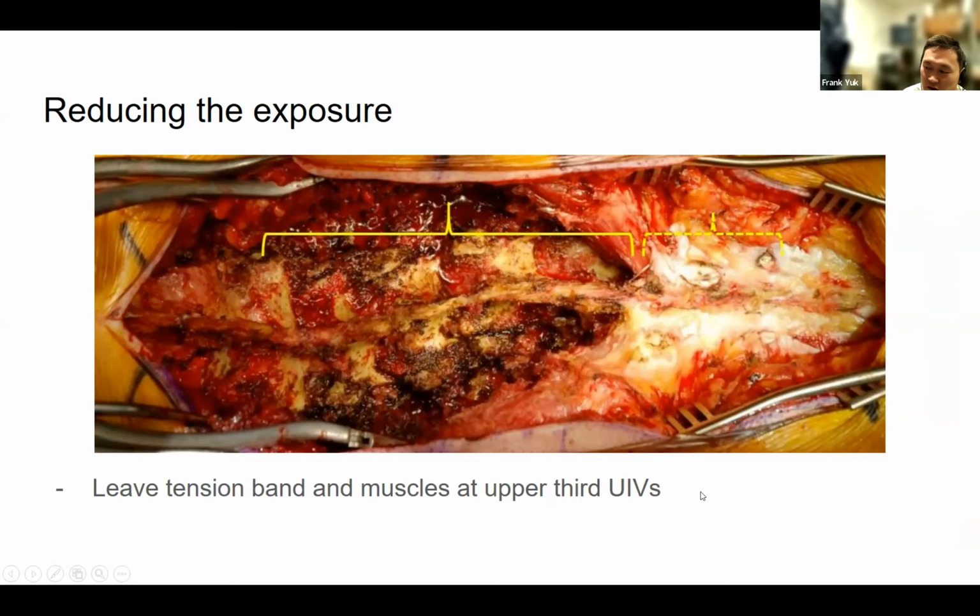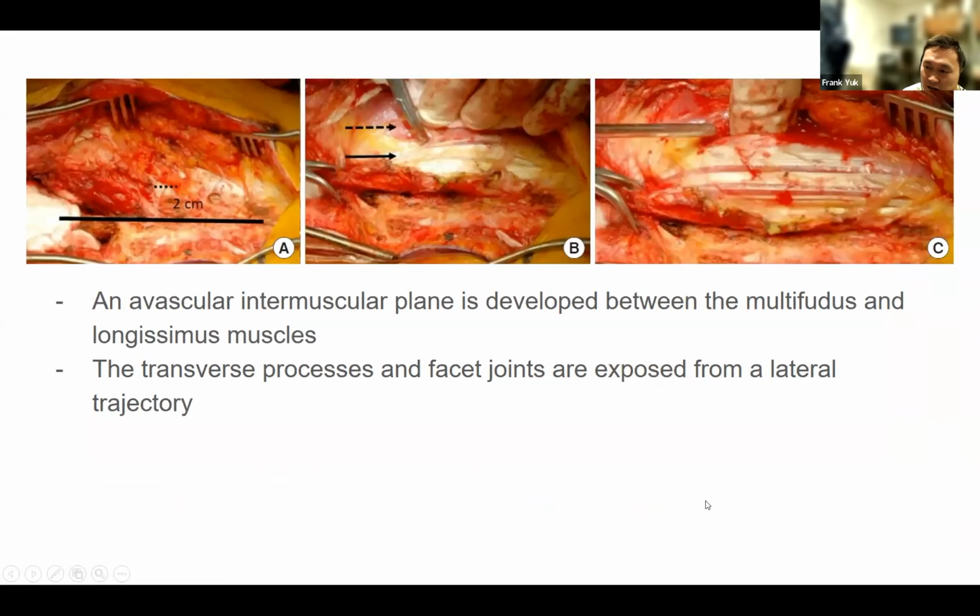And so how do you actually end up instrumenting these levels then? We take a page out of Wiltse's approach, and an avascular intermuscular plane is developed between the multifidus and the longissimus muscles, which is considered Wiltse's approach in the lumbar spine. The transverse processes and facet joints are exposed from a lateral trajectory.